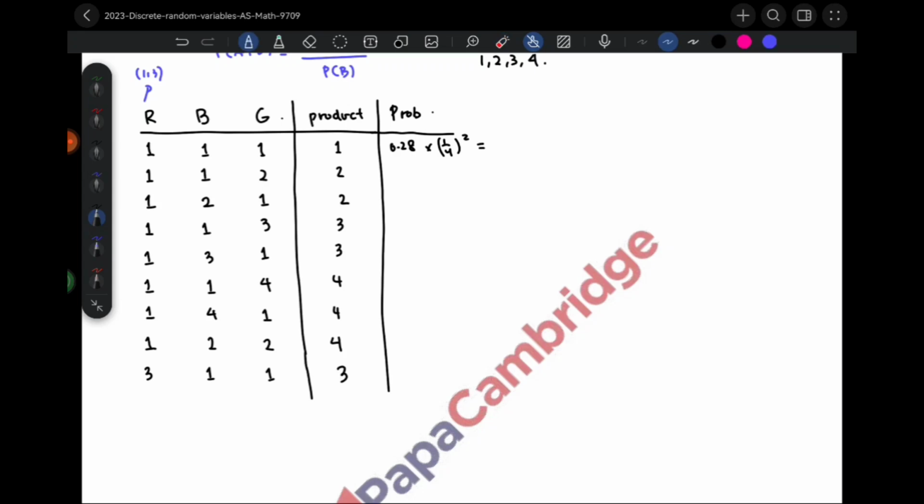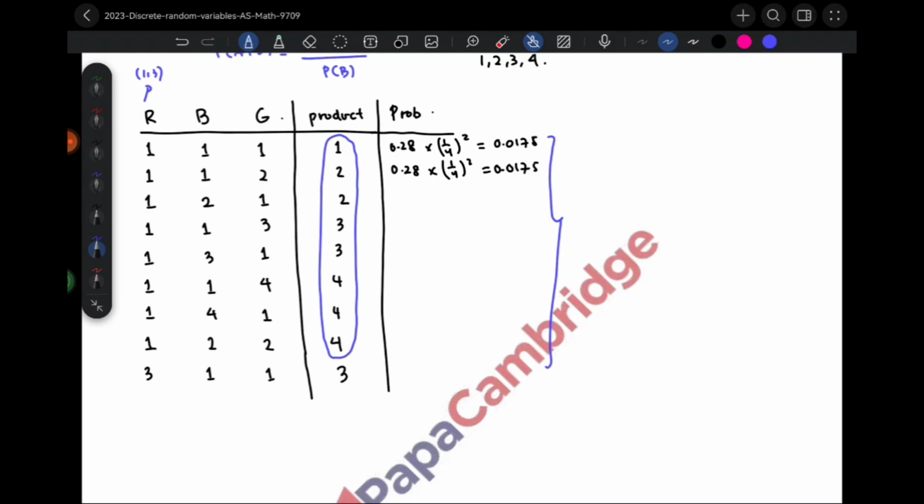The probability is 0.0175, and for the others it is also the same. So the 8 of these have the same probability of 0.0175. That means these 8 possibilities have probability 0.0175 times 8.